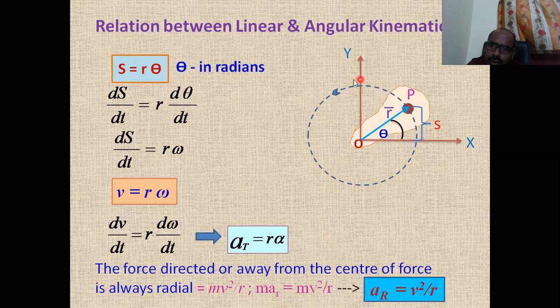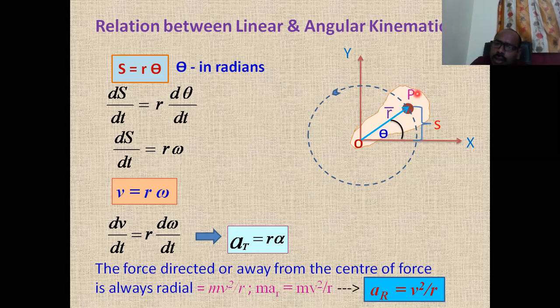So in the case of rotational motion, it is clear that a particle possesses two components of acceleration. One is the tangential component and another one is the radial component. At a particular point P, the tangential component direction is along the tangent to the circular path, and the radial component direction is perpendicular to the circular path at that point.